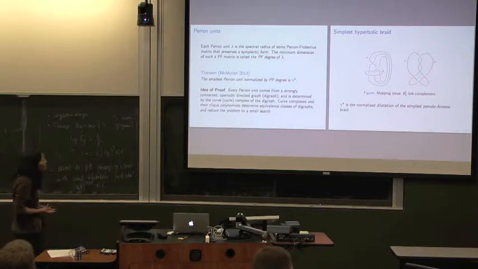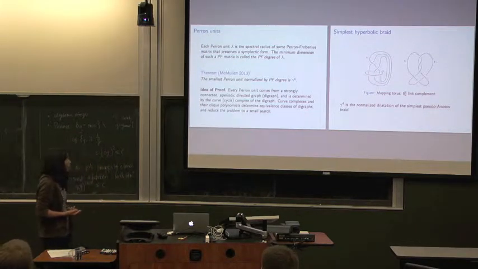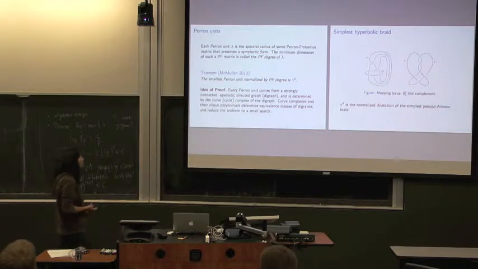Now that doesn't solve the conjecture, because when we normalize for mapping classes, we are normalizing with respect to the Euler characteristic and not the Perron-Frobenius degree. That gap could be reasonably big, like a factor of 3 or so. So it doesn't solve the problem.